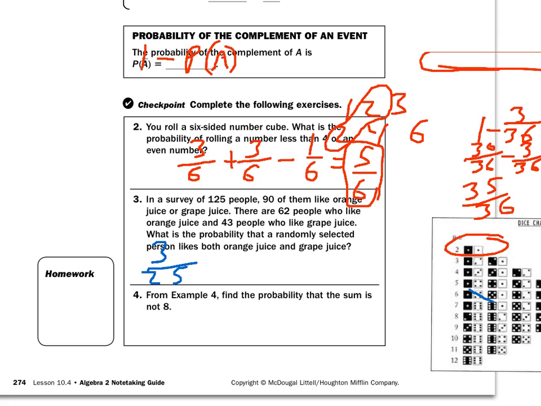So not 8 would be 31 out of 36. Remember, that's that whole complement thing. If it's the not 8, 1 minus 5 out of 36 gives you 31 out of 36.